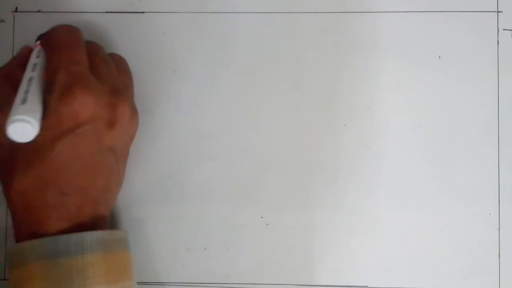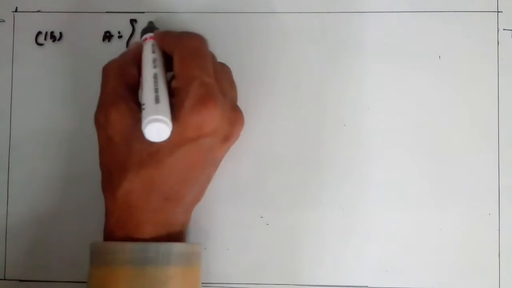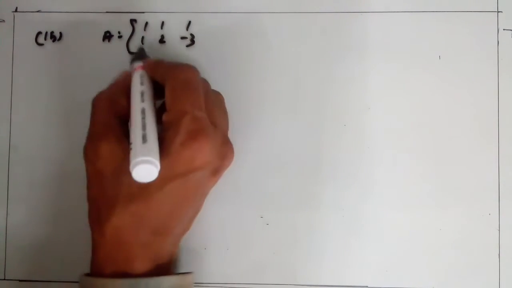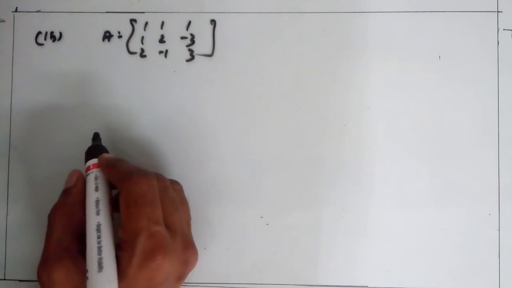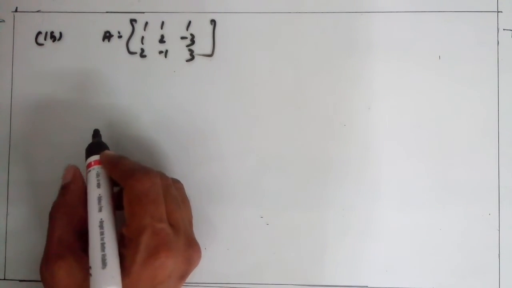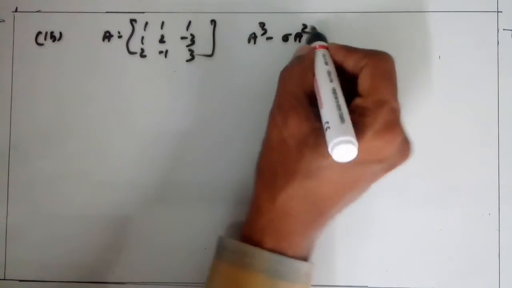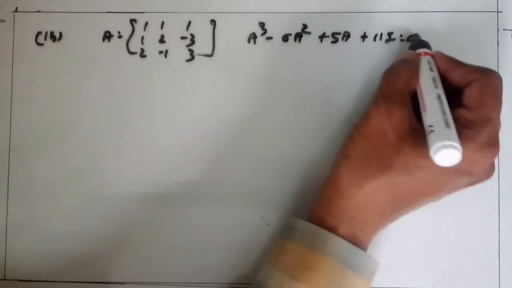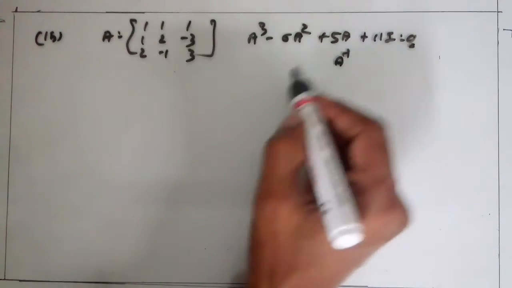Now, question 15. For matrix A is equal to 1, 1, 1, 1, 2, minus 3, 2, minus 1, 3. Show that A raised to 3 minus 6A square plus 5A plus 11I is equal to 0, and hence find A inverse.